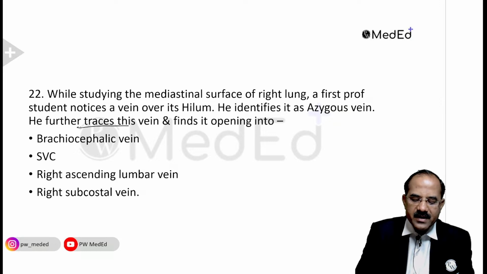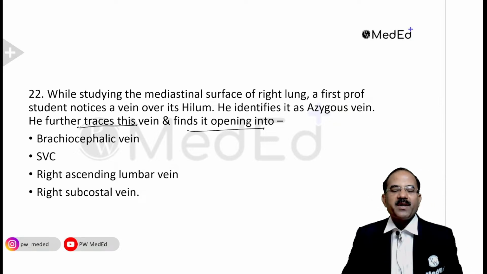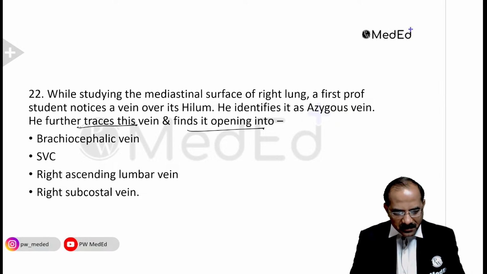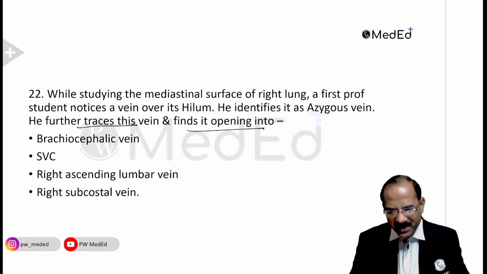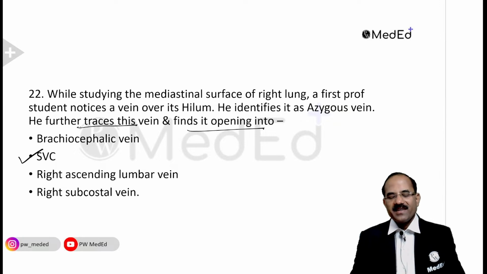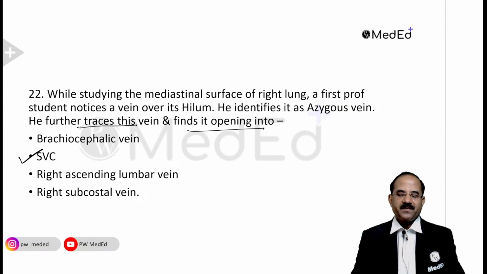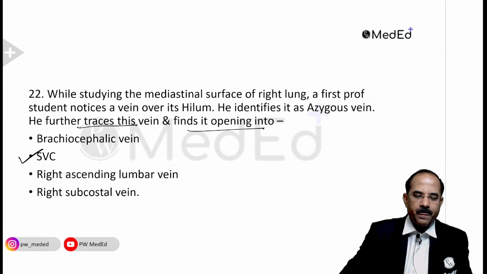He further traces this vein and finds its opening into. Where does the azygous vein open into? We've just seen that, students. It drains into the SVC. The azygous vein opens into the SVC. Correct?